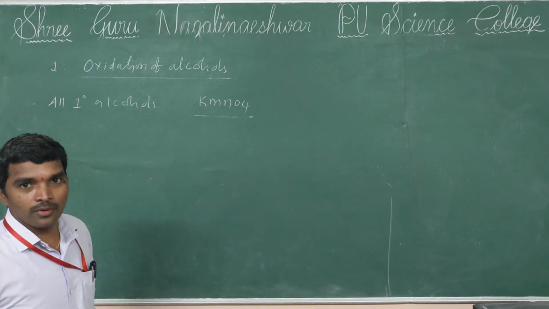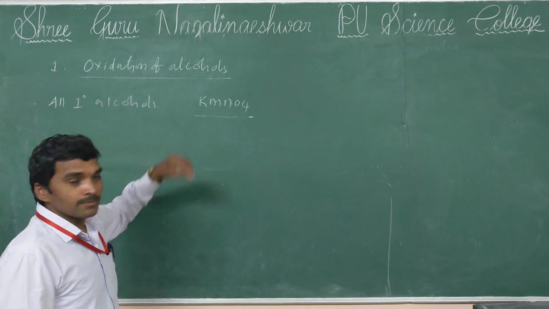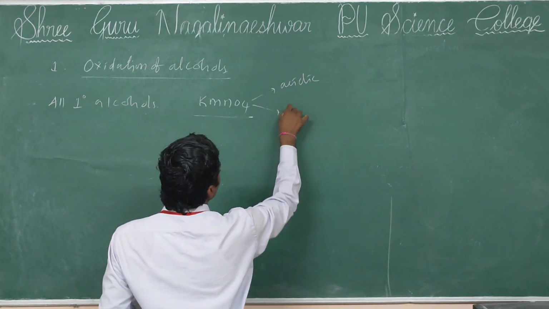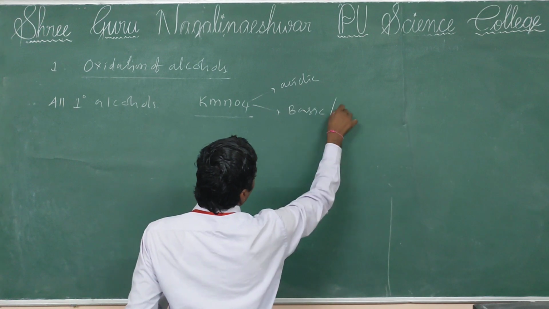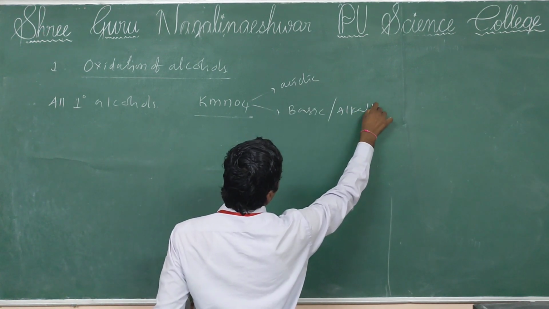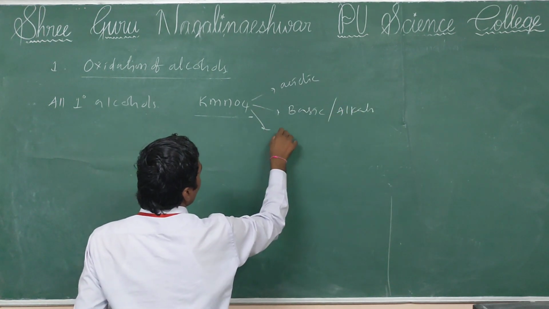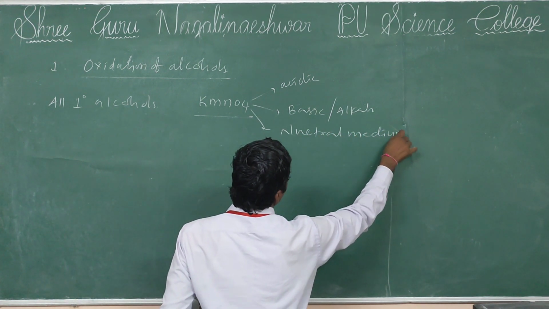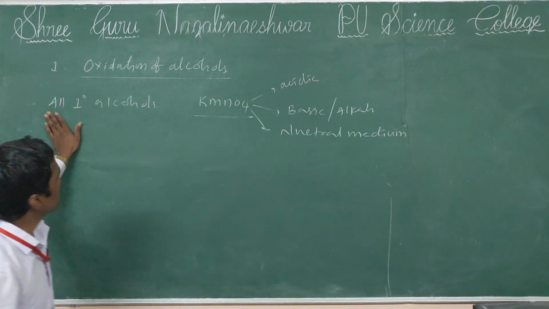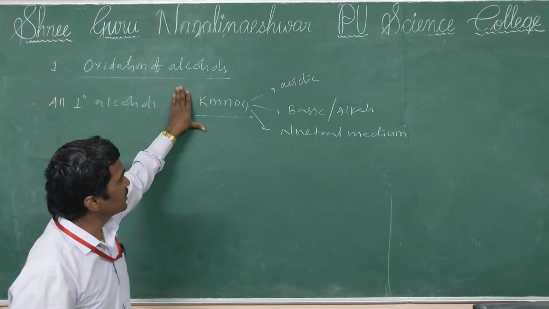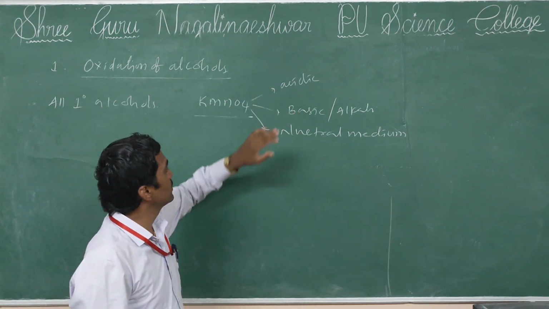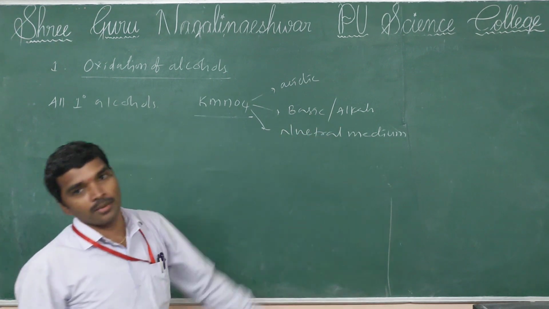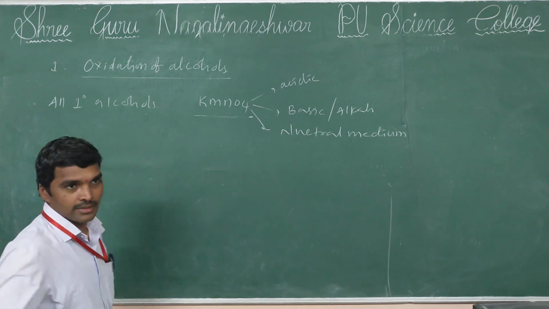If you take KMnO4 in acidic medium, basic or alkali medium, or neutral medium, then primary alcohol undergoes oxidation, forming carboxylic acids.